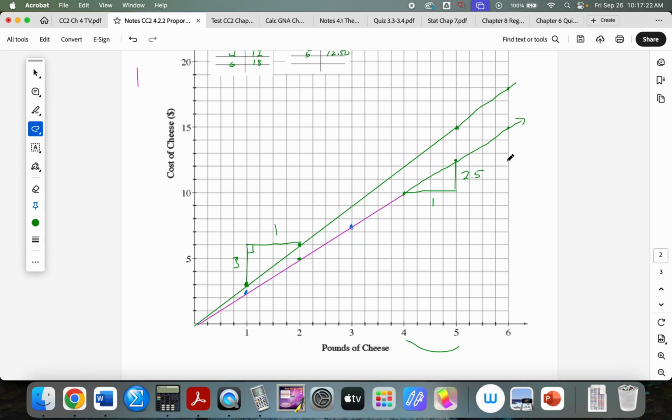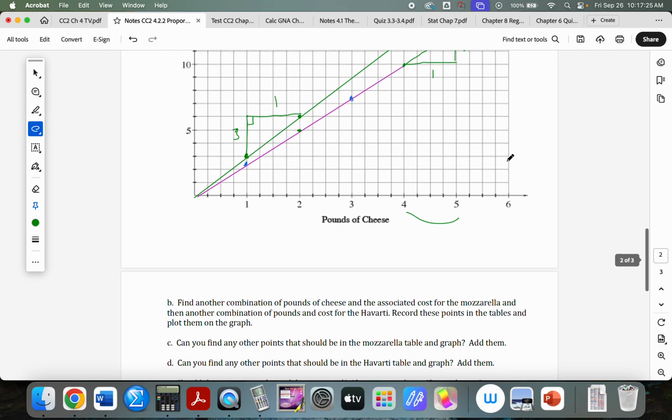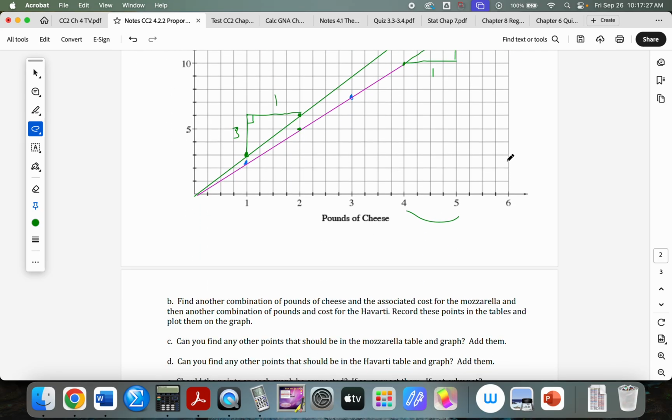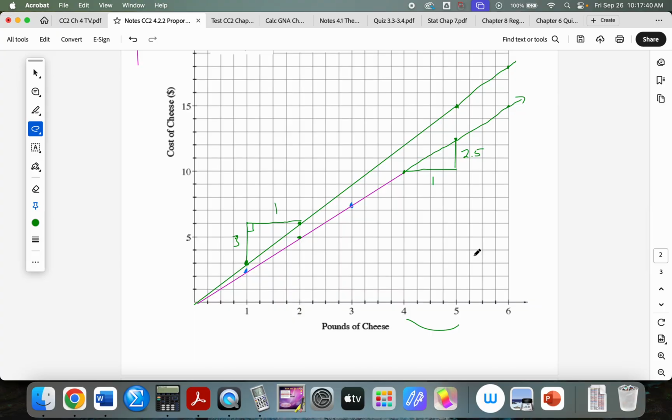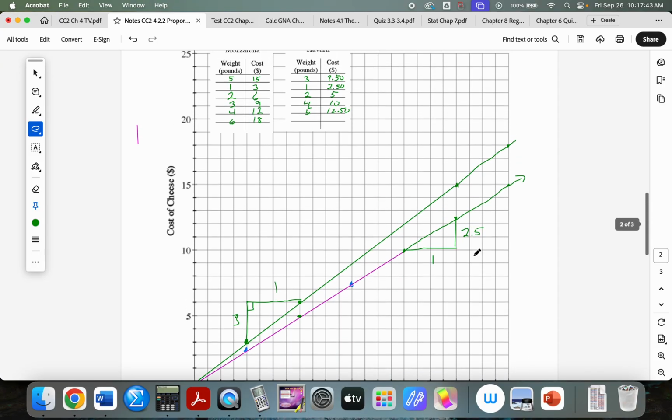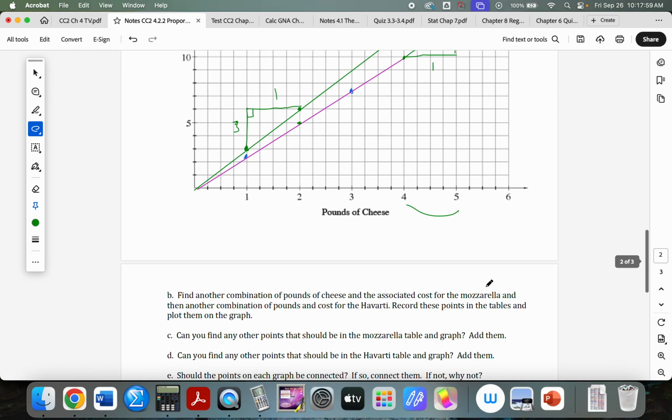Well, it could move down if it's a proportional relationship of going down. But if it's a proportional relationship, where does it have to start? At 0, 0. Right, so it'd have to be down here in the 4th quadrant someplace. Yes, ma'am. Got it?